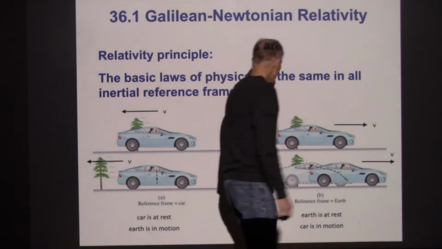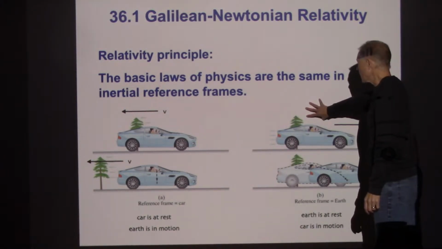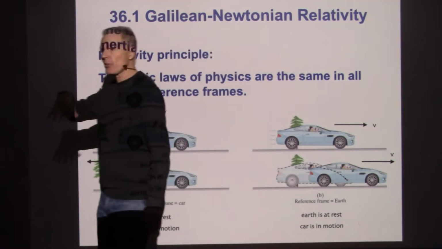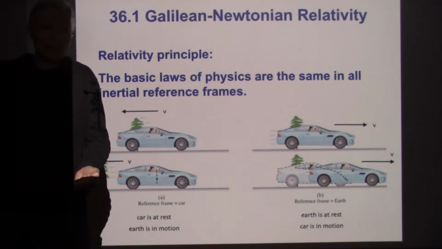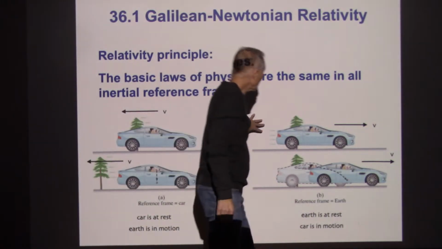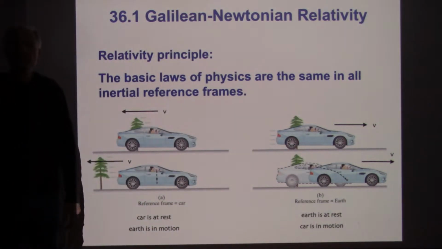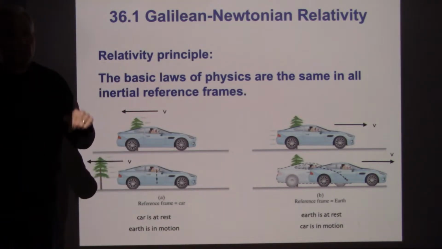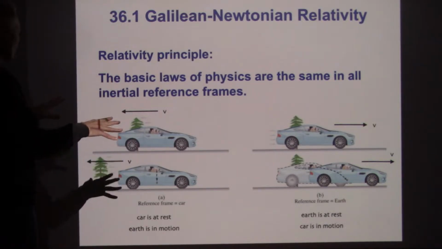Now, in the other reference frame, if we move over to the outside reference frame, people standing outside or objects outside, you look around, everything's at rest, and you go, well, in my reference frame, I'm at rest. And then you watch this car go by, and you go, oh, look, there's an object moving at velocity v through my reference frame. So this is an example of two reference frames.